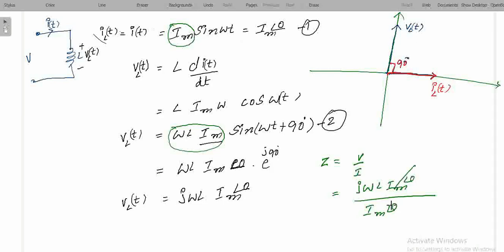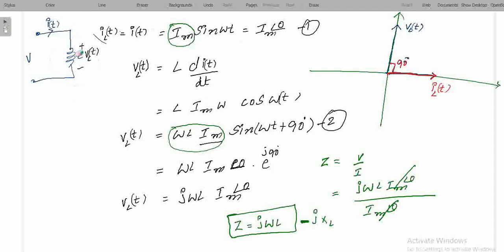So Im of 0 gets cancelled. Here you get Z is equal to j into omega L. This is called inductive reactance, which can be written as j into XL. XL is equal to omega L. Just remember this, it will be very helpful for further proceedings.